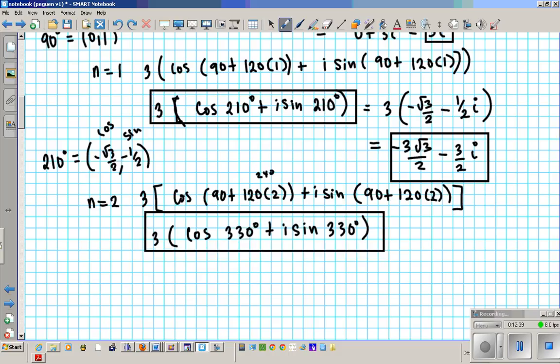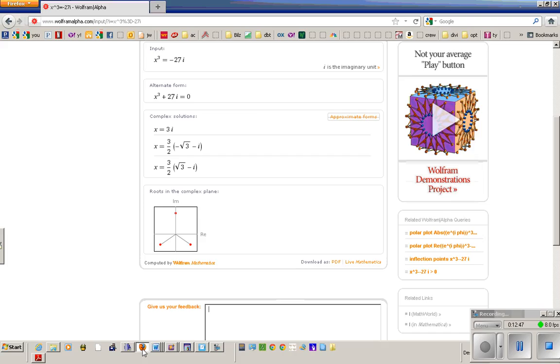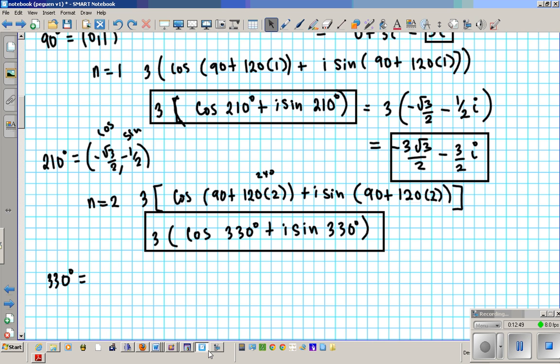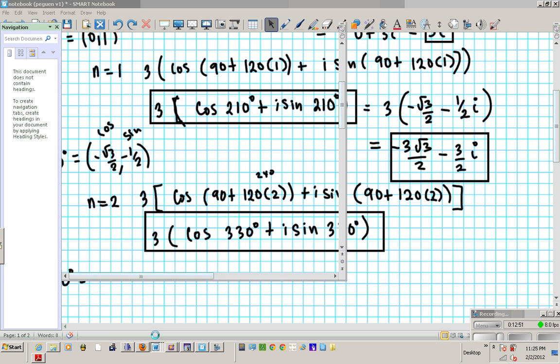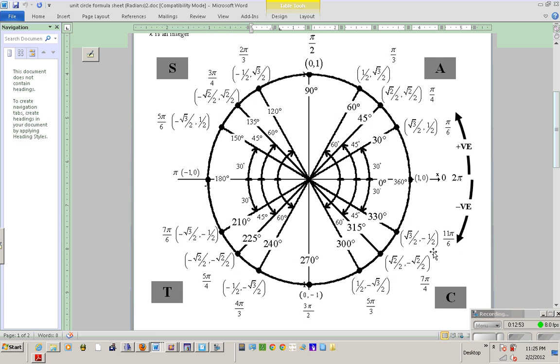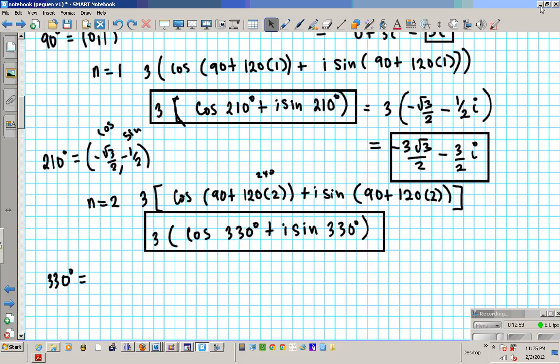Okay? Well, of course, I have to express this in rectangular form too. So what I need to find is 330 on the unit circle. I believe 330 should be on the unit circle, going down backwards from 360. So let's see. Unit circle, 330 is right here. So there go my coordinates for 330. Negative root 3 over 2 and negative 1 half.